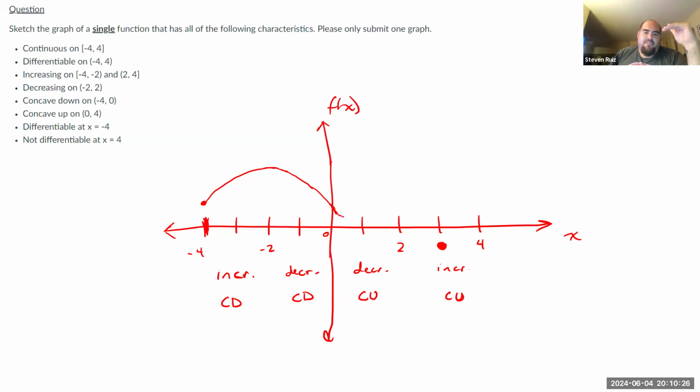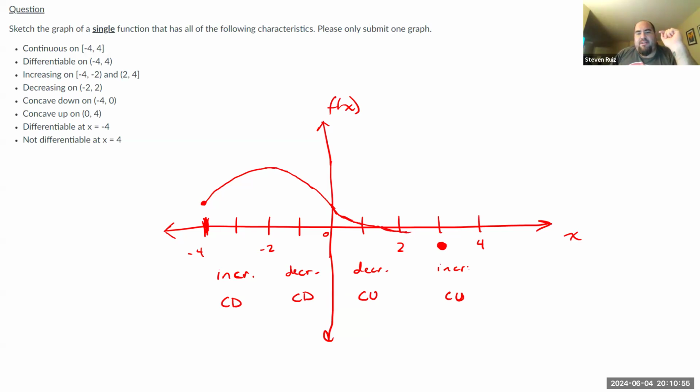We want the slopes of the tangent lines to be rebounding, so go ahead and dip below the x-axis a little bit. The reason I have to come to a valley here, a minimum, is because between 2 and 4, I am going from decreasing to increasing.